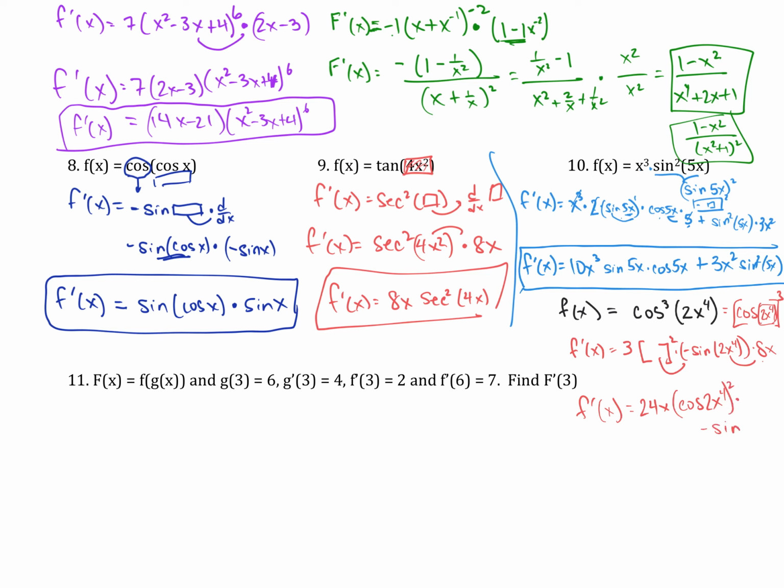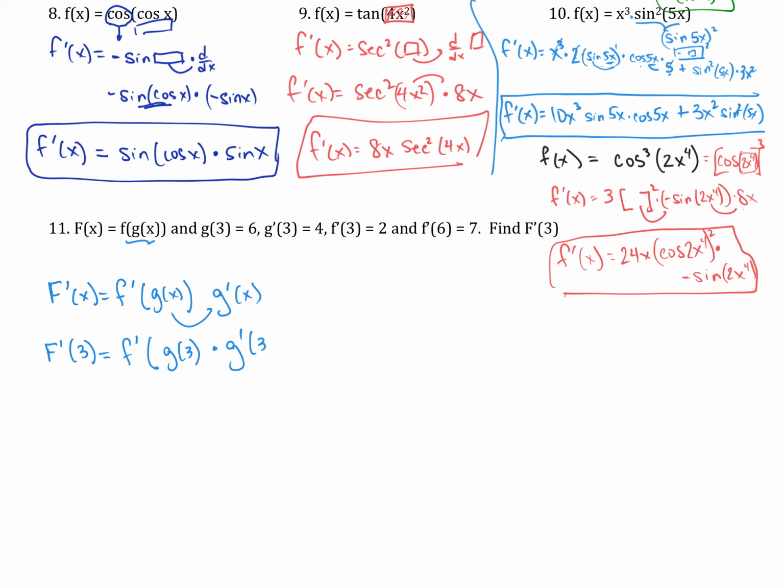So that would give me f prime of g of x, and now I have to take g prime of x. Okay? So if I wanted F prime of 3, this would be f prime of g of 3 times g prime of 3. I forgot a parentheses here, sorry. These were in parentheses, so here's my g of 3, and then that's g prime of 3, substituting that in.